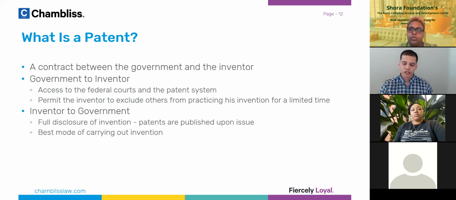In exchange for that disclosure of all the details, how to make it, how to do it, we'll give you this limited amount of protection. So that's the motivation, or the public policy, behind the patent system: to grow the body of knowledge that we have. So that's kind of what this slide's talking about.